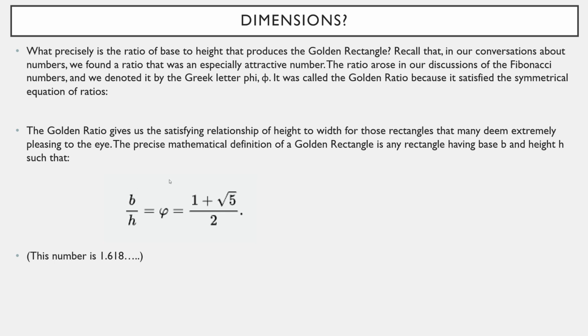This golden ratio is 1 plus the square root of 5 over 2. If you plug this into your calculator, this number is 1.618, and for whatever reason, this is for most people the most aesthetically pleasing ratio of a rectangle's base to its height.